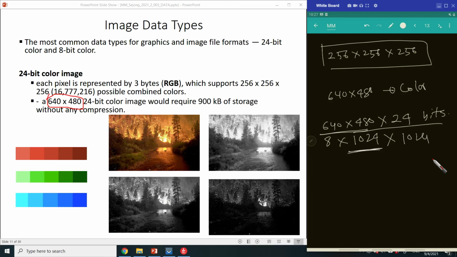Interestingly, if you calculate the kilobytes, this is actually 900 kilobytes. You can try yourself to see if it's really true or not.